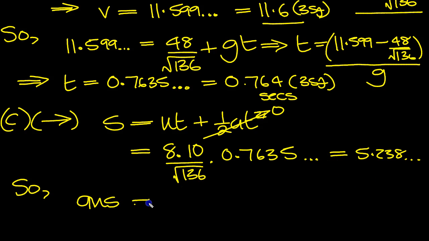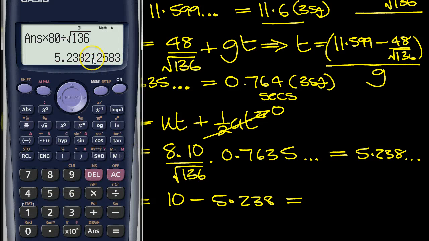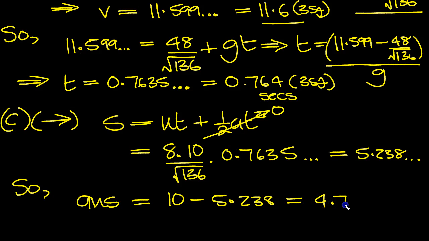The can is 10 meters away, so the difference between 10 and 5.238 is the distance between the can and the stone when it hits the water. If we take 10 away, we get the difference, even though it's negative, and we can just read off the positive: 4.76 meters. So there's the distance between the can and the stone when it hits the water.